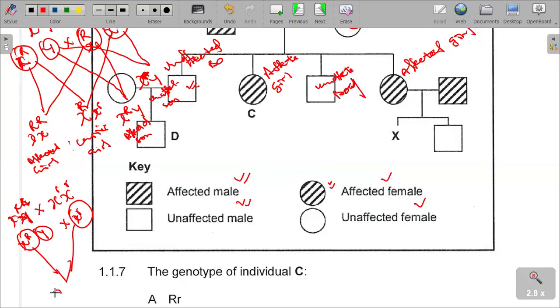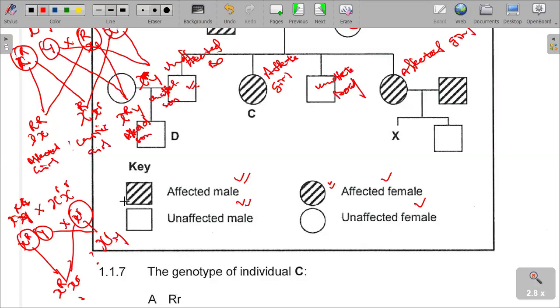It gives us XRY, which means this can be a carrier girl and an affected son.